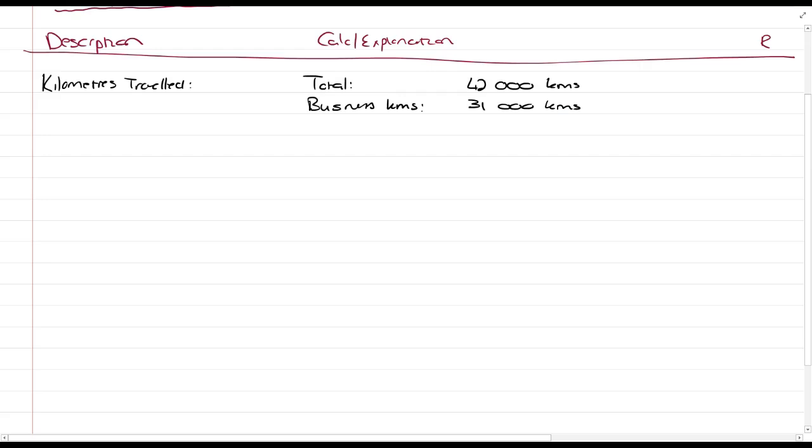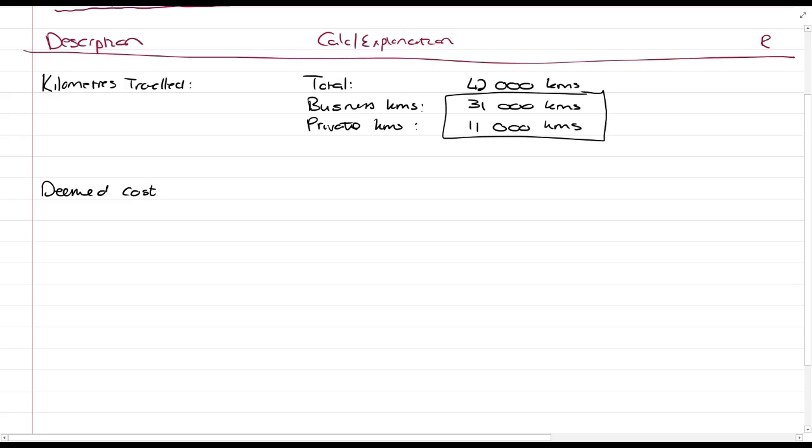I actually always like to just also calculate the private and whatever one is missing, just in case I need to make a reference to it in a bit. Use your own judgment there. If you feel it takes too much of your time, then don't do it. Right, kilometers traveled. Now we do the deemed cost per kilometer.